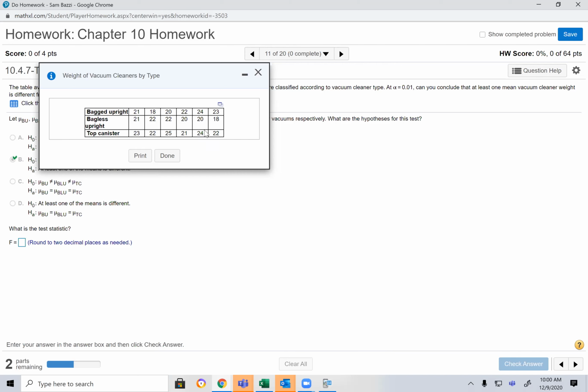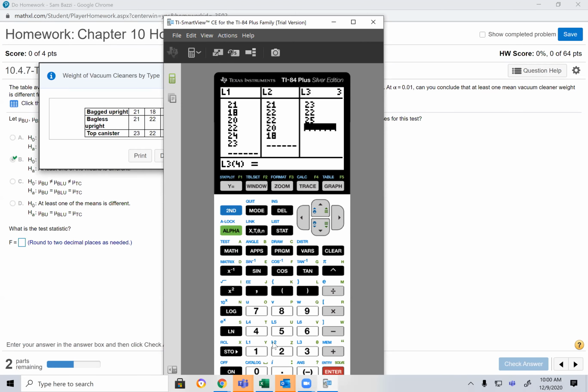Oh, we got 20, 20, 18. So I missed something there. 23, 22, 25, 21, 24, 22. Oh, I missed the other 20 here. So I'll go back and put it there.